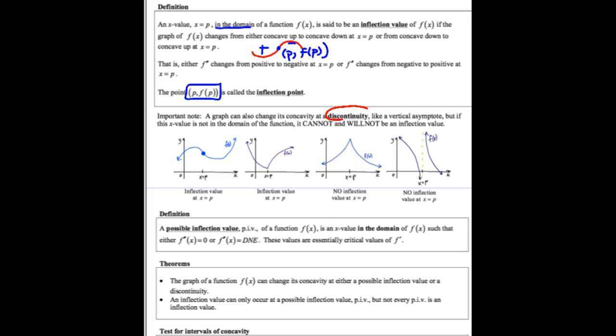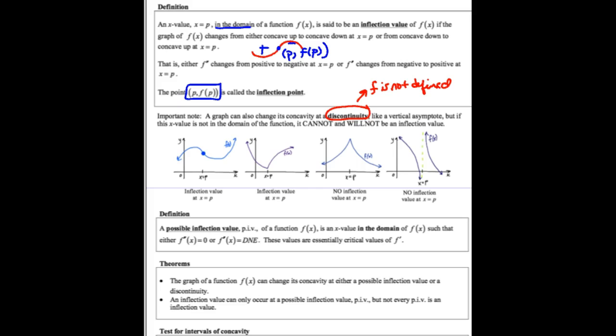So we always have to watch out for our discontinuities. Remember, those occur where f is not defined, either because there's a hole there, or more often than not, because there's an asymptote there. So I've got 4 graphs right here.